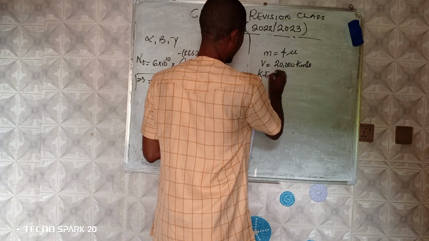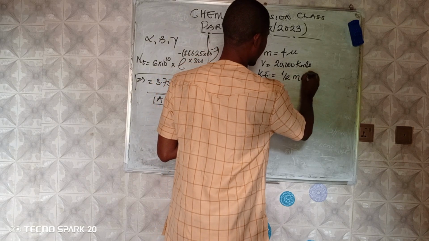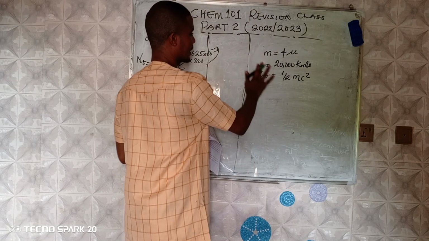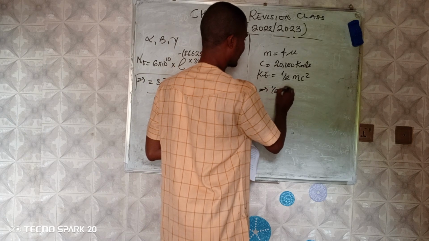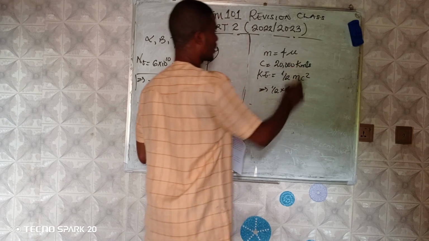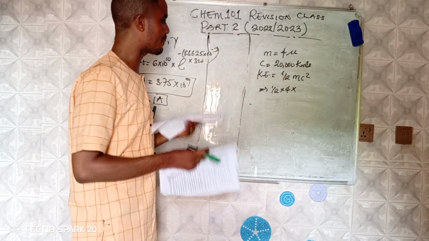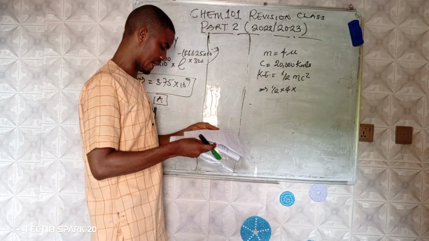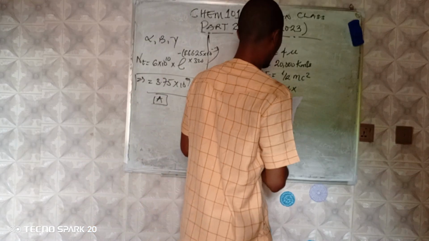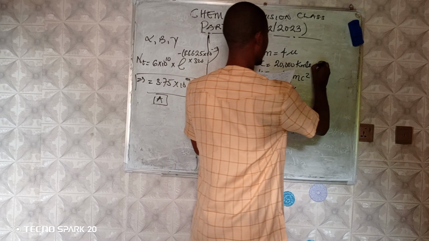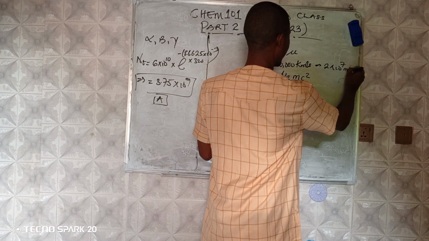Kinetic energy, we know, is half mv squared. So we are going to be having half times 4. We are going to convert kilometer per second to meter per second, and that will give us 2 times 10 raised to power 7 meters per second.